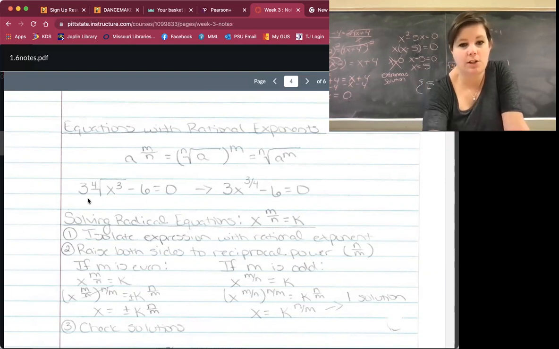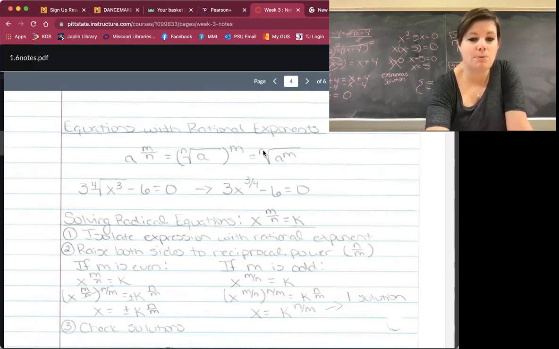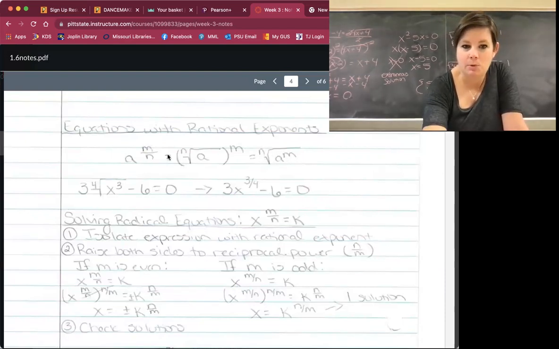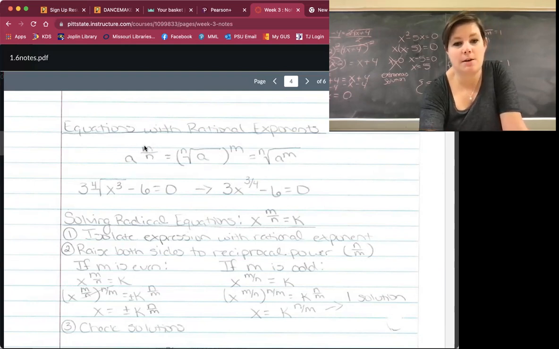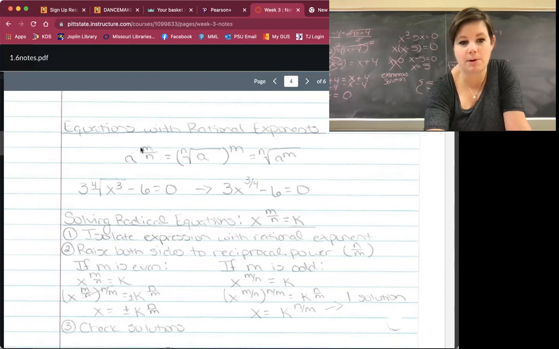I give a really general example right here where a to the m over n can be written as the nth root of a raised to the m power, or the nth radical of a to the m. The way that I remember where my letters go is this: the m on top of our exponent stays with your variable or your number.